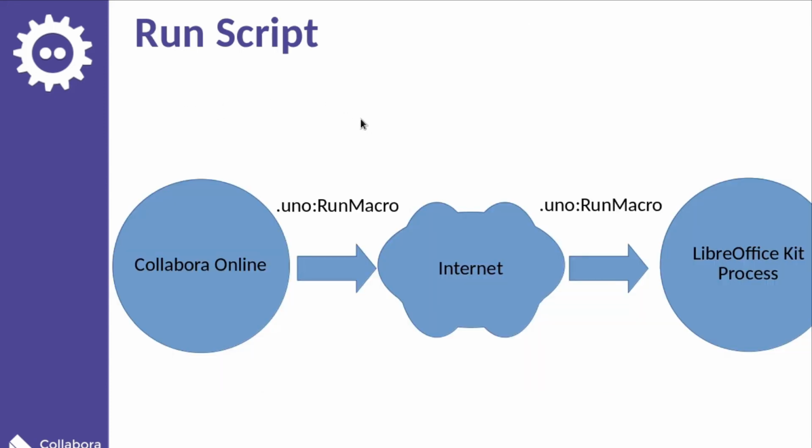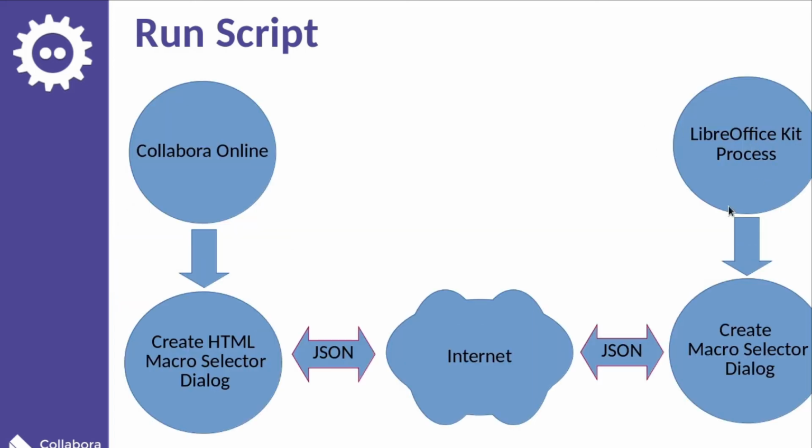Here is the big picture of how this run macro executes. We have the client side here with the Collabora Online web application, and on the server side the LibreOffice Kit process, with the communication channel, the socket, that sends the UNO command. When the LibreOffice Kit process receives the UNO command, it creates the shadow dialog.